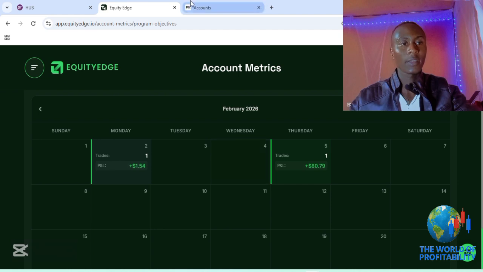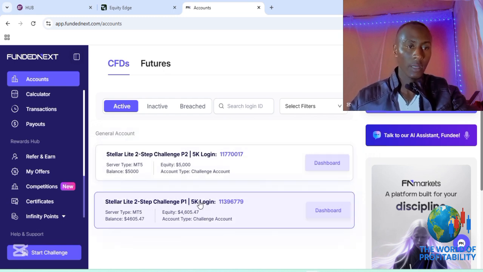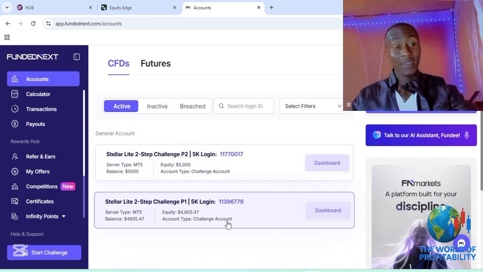So on Funded Next, I haven't executed any trade on phase 2, and I have this other account, which I had not breached. It was left with about $1.